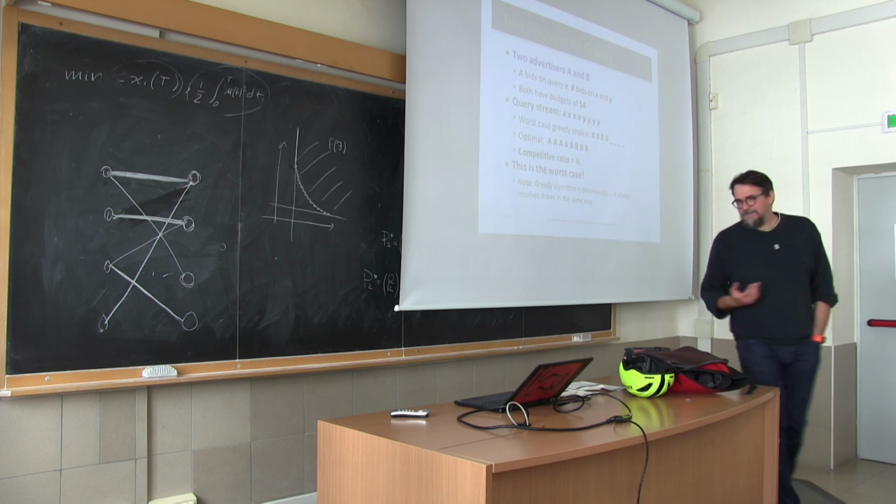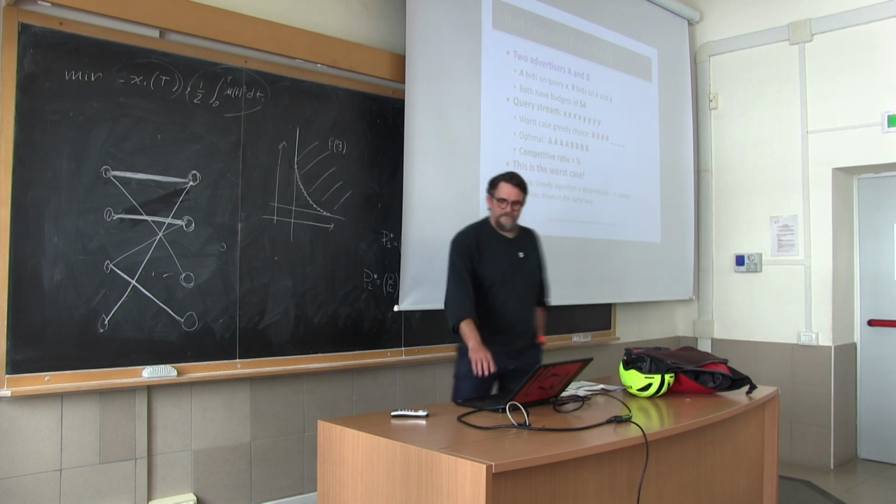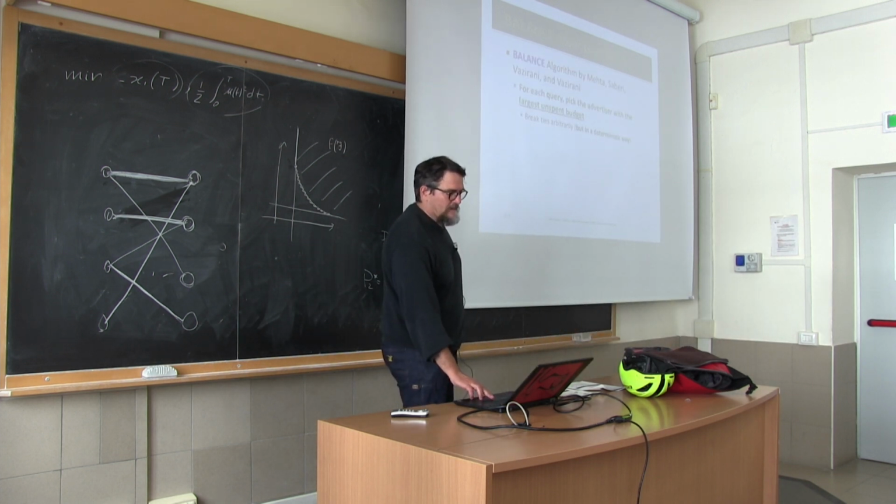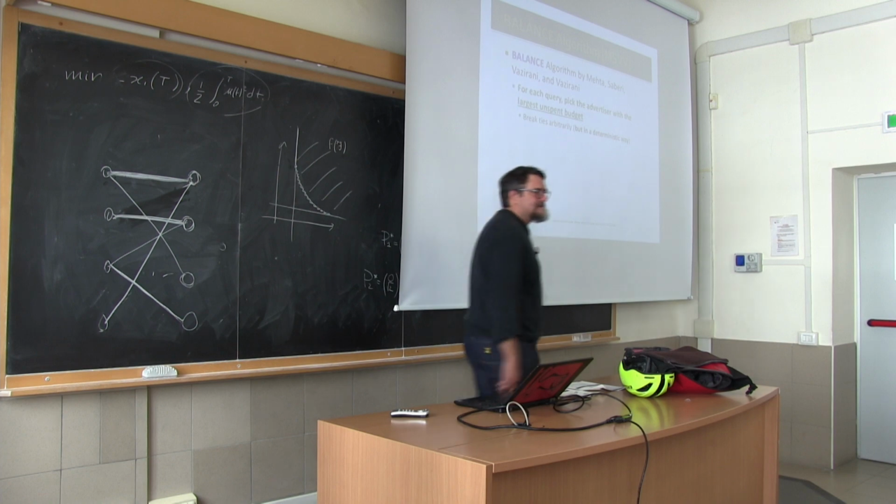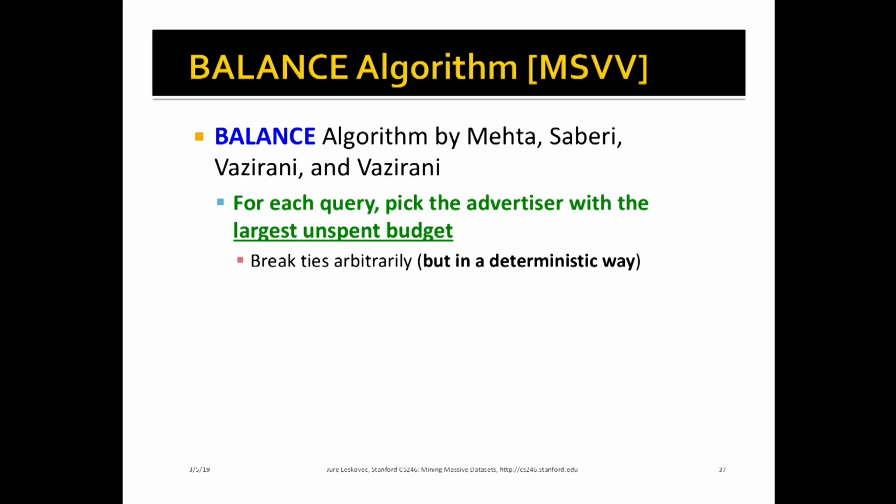One possible policy is the balance algorithm, in which each time, for each query, I pick the advertiser with the largest unspent budget. Okay, so this is the constraint.